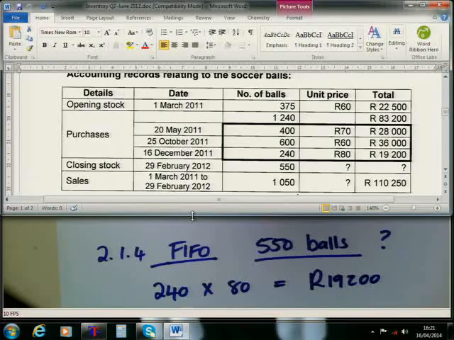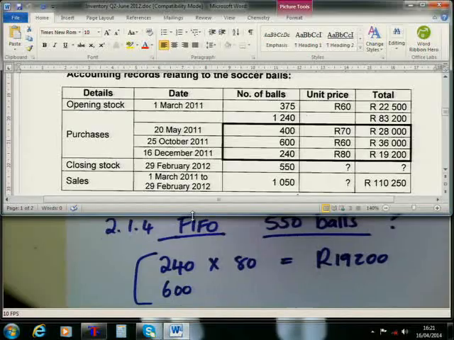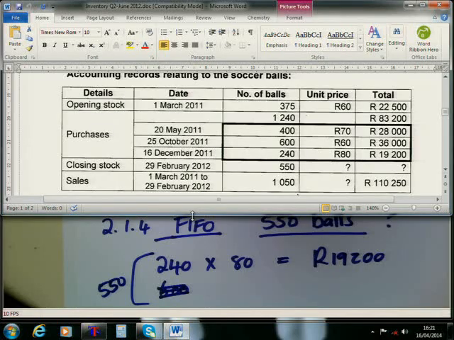The second last time that we bought, we bought 600. But we cannot put 600 there, because you haven't got 840 balls left. You have got left 550 balls, of which 240 was bought in December.